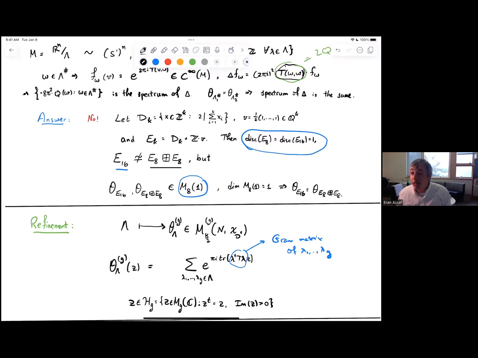So instead of classifying elliptic curves, they classify their high-dimensional cousins, abelian varieties of higher dimensions. And they are classified by, instead of the upper half plane, Siegel's upper half space. So these are g by g matrices, which are symmetric and such that the imaginary part is totally positive. And using this parameterization, one can look at this generalized theta function as what is known as Siegel modular forms of degree g.